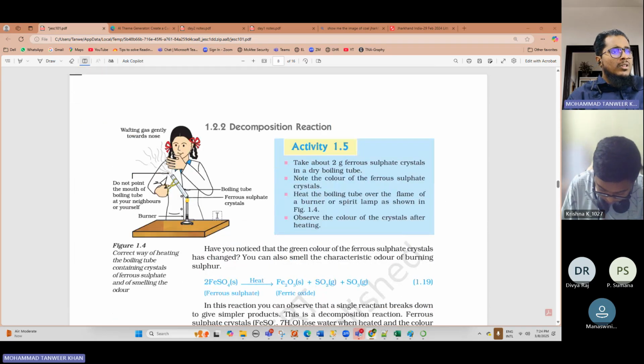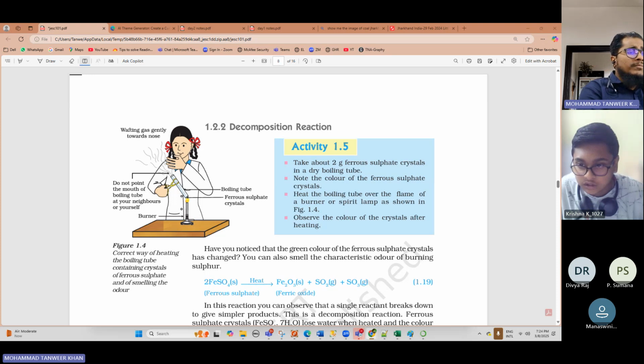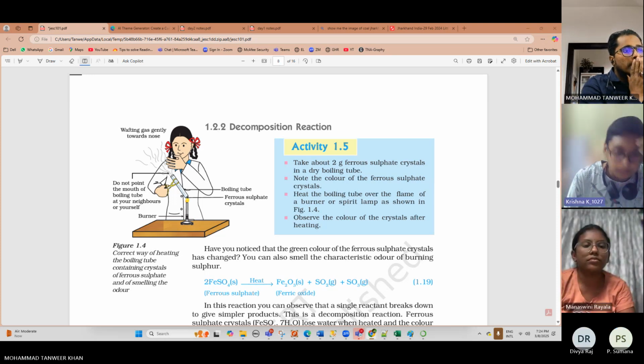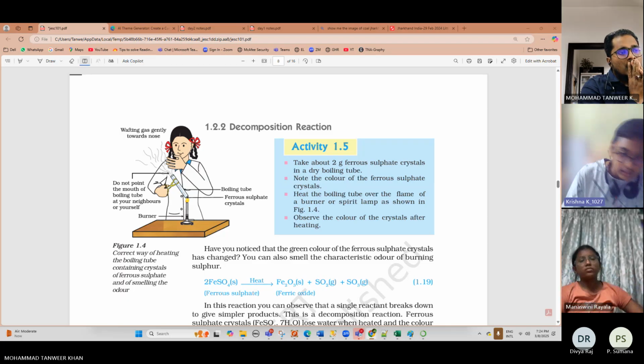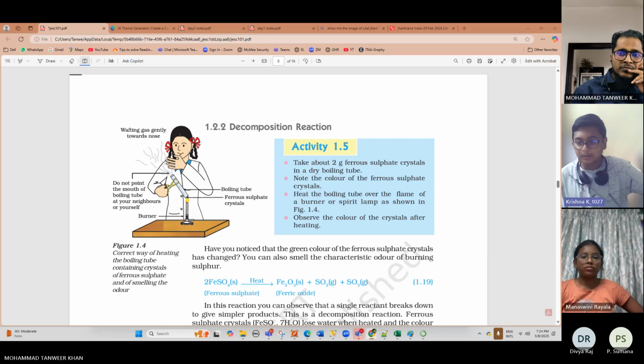Okay, now coming to the decomposition reaction. What is the meaning of decomposition? Decomposition is a reaction where a single reactant breaks down into two simpler products.